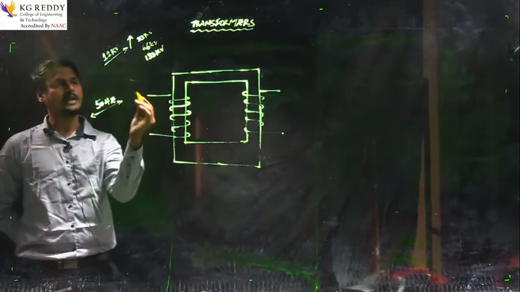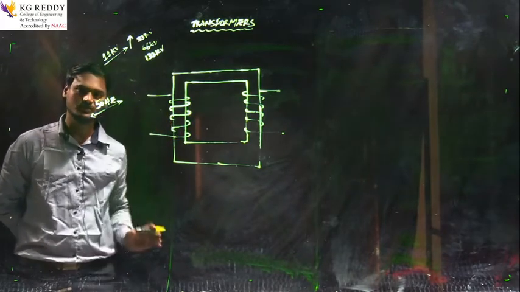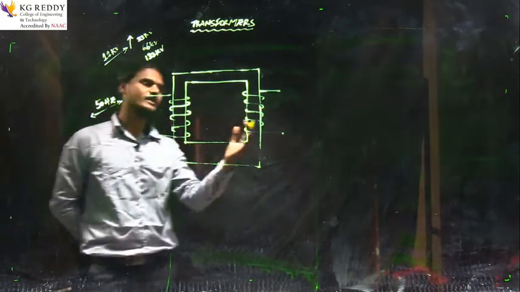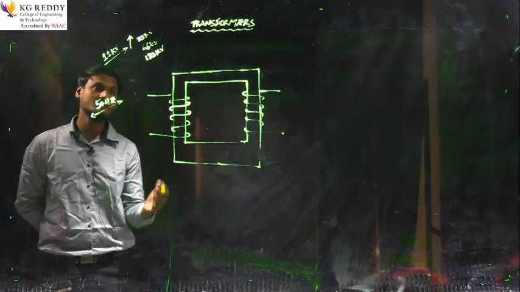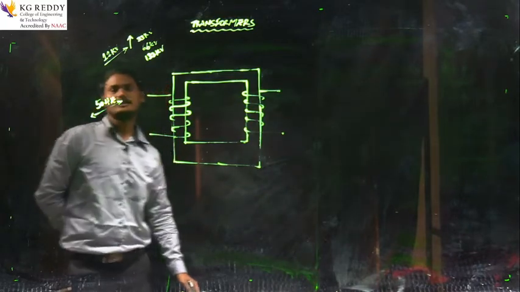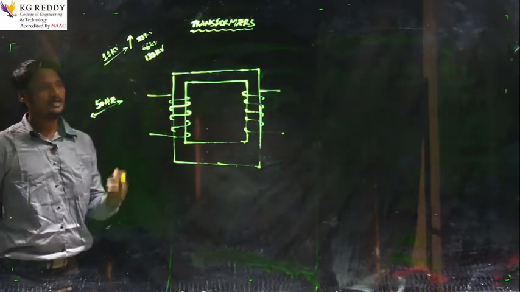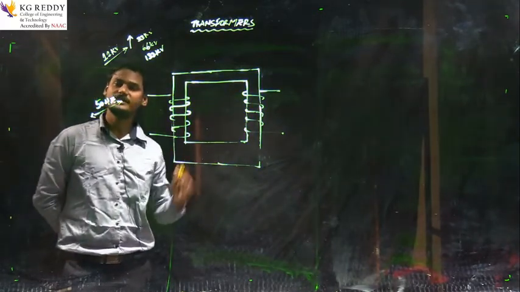So in the primary winding which has 50 Hertz power, in the secondary also it maintains a constant frequency, so we can call the transformer a constant frequency device. Is it clear? Right. And moreover, we can call the transformer not an energy conversion device, guys.